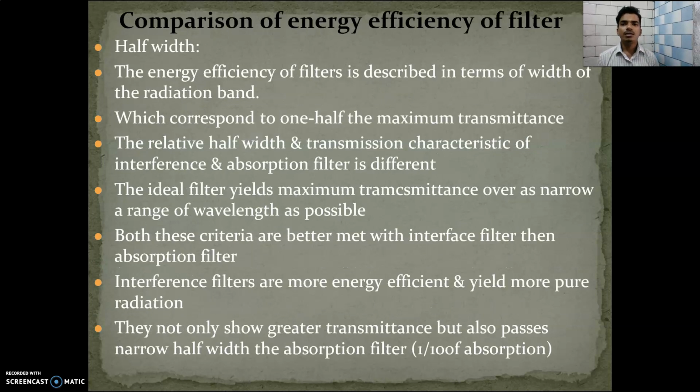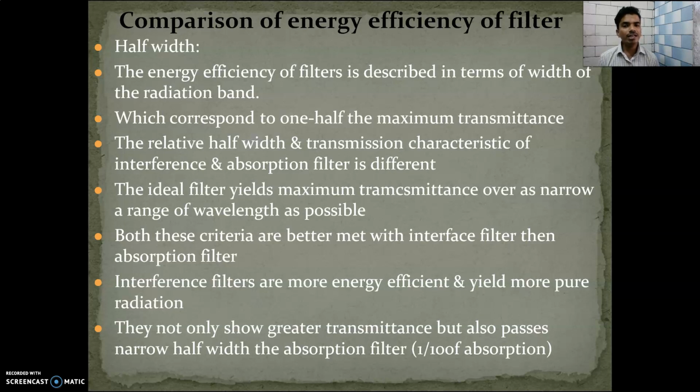Then comparison of energy efficiency in filters. The energy efficiency of the filter is described in terms of the half width. The half width of the radiation band is the width at one half of the maximum transmission. The relative half width and transmission characteristics of interference and absorption filters are different.